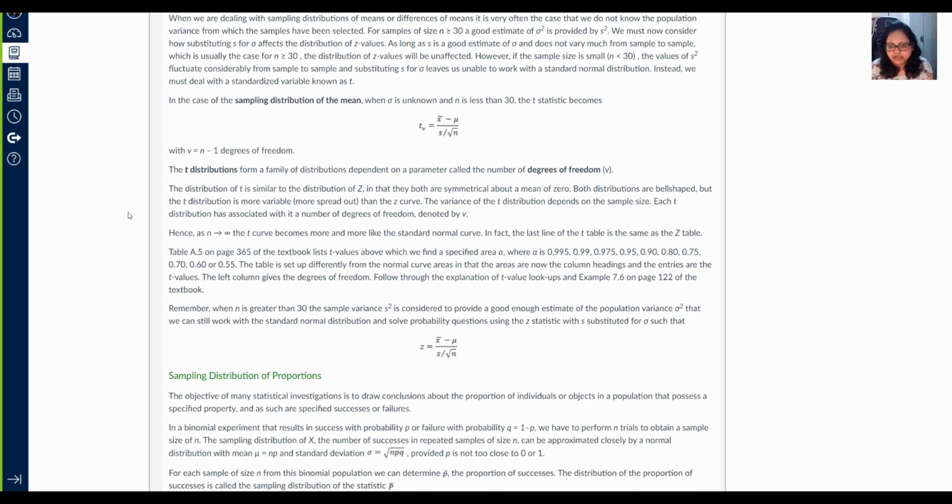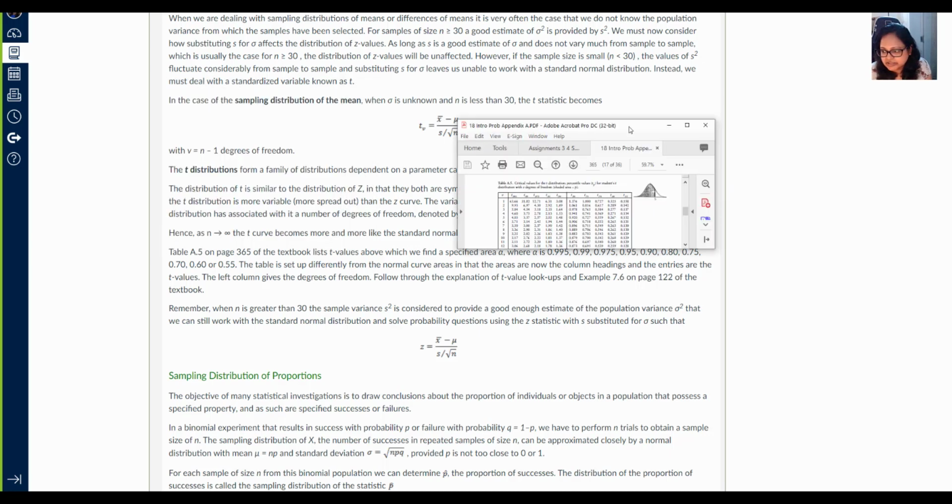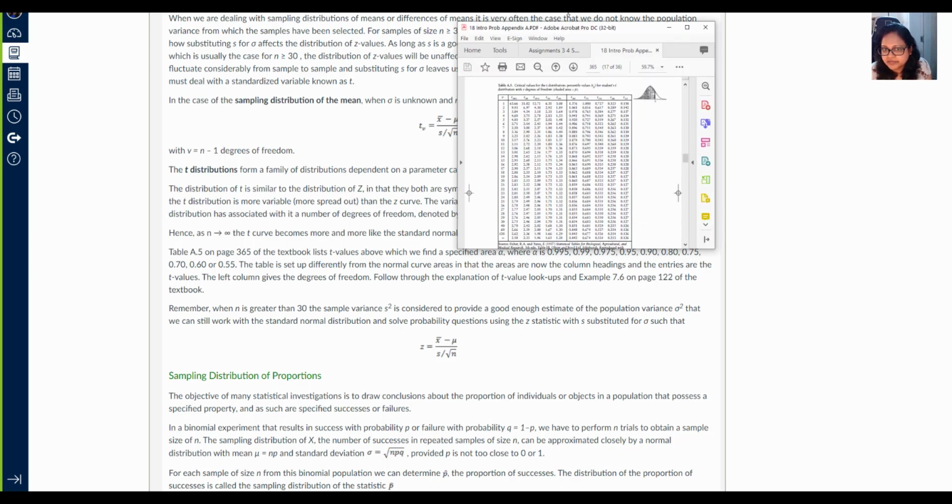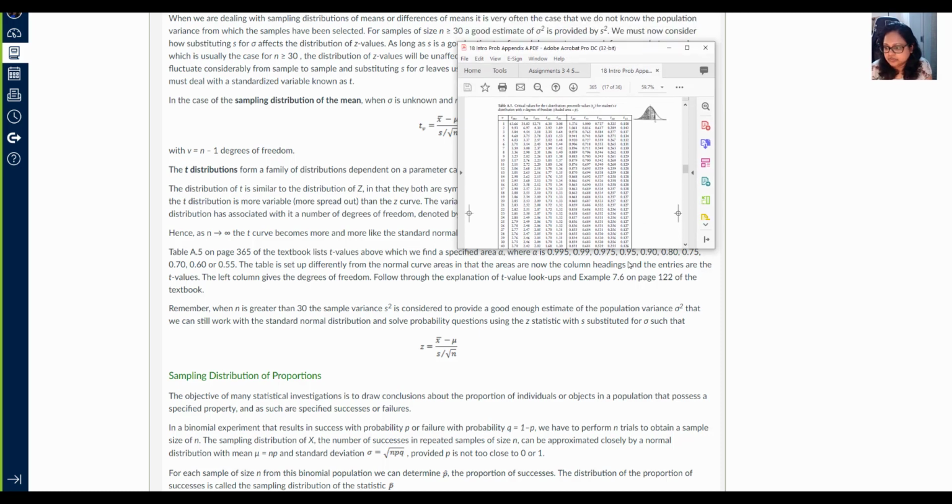If we look at the t table, you will see that we are reading the t table a little bit differently. So let me show you.